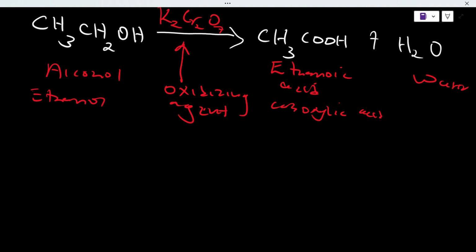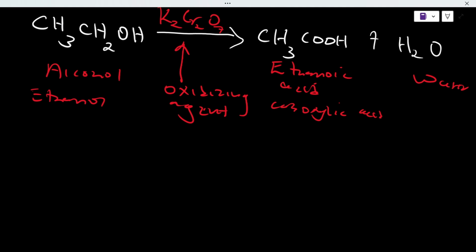So there are key things that we need to know. During such a reaction, the new substance formed differs from the alcohol, because we've realized that carboxylic acids are obtained from alcohols.